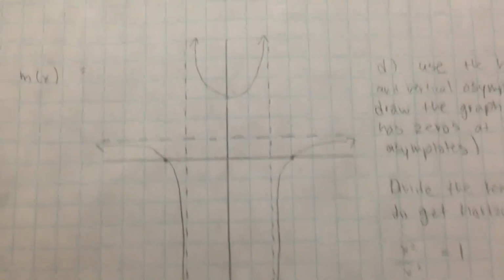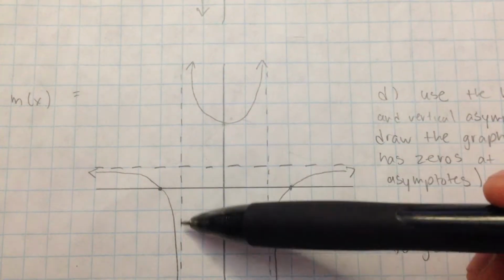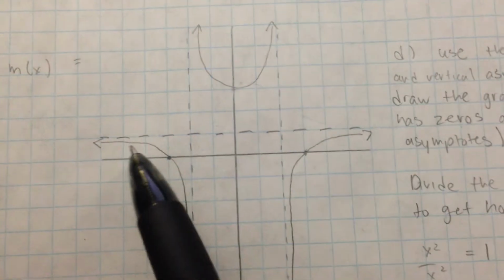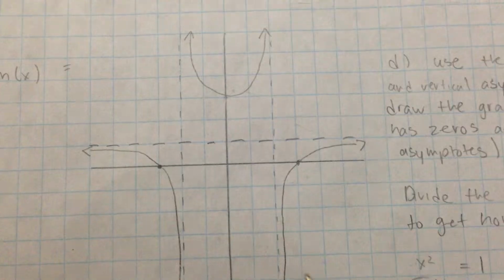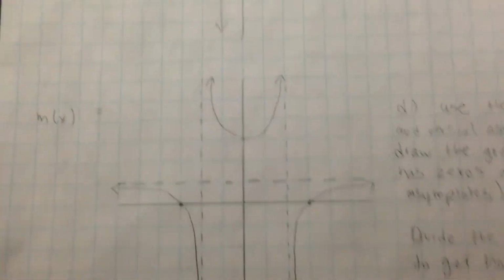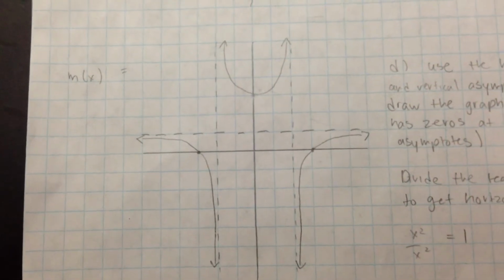As you can see, x equals 2, x equals negative 2, and you divide the leading coefficients to get the horizontal asymptote, right there. x squared over x squared equals 1. So that's the horizontal asymptote. And by the end, you should have a graph that looks similar to this.